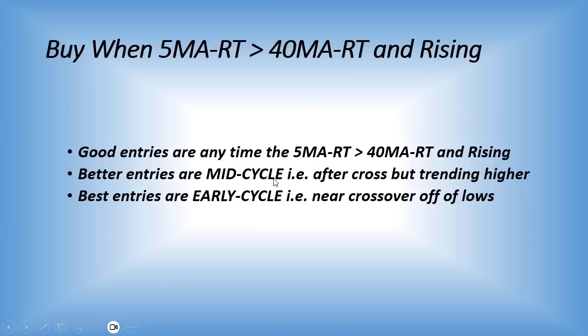Better entries are mid-cycle or better after the cross, still trending higher, of course. Best entries are early in the cycle, near the crossovers off the lows. And remember, avoid buying when the 5-day moving average of RT is flat or down.